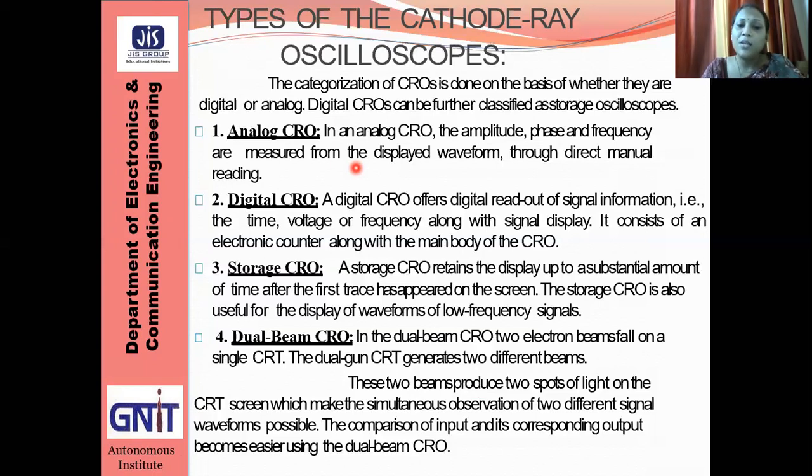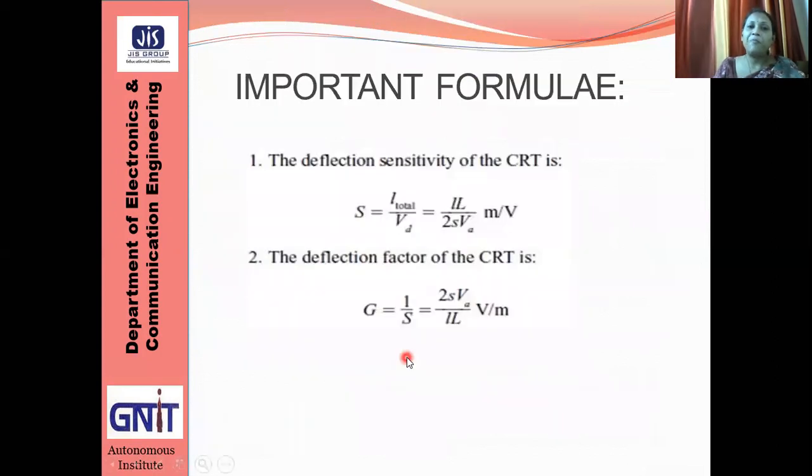The dual gun CRT generates two different beams. This is much more costly. These two beams produce two spots of light on the CRT screen, which makes the simultaneous observation of two different signal waveforms possible. The comparison of input and its corresponding output becomes possible by this dual beam CRO.